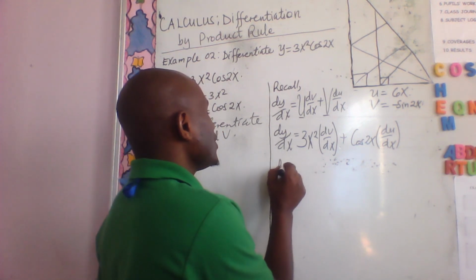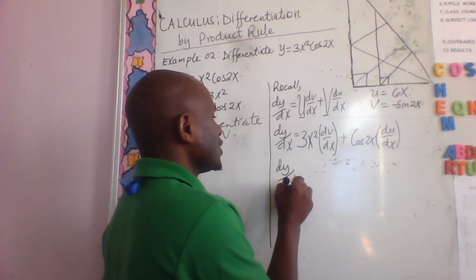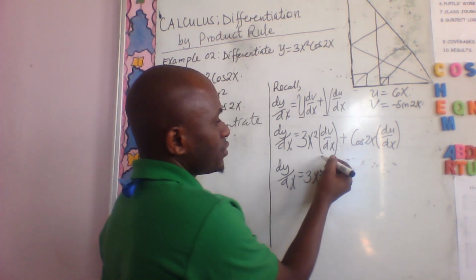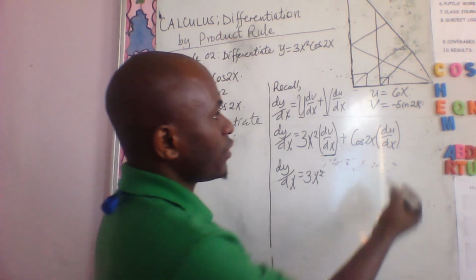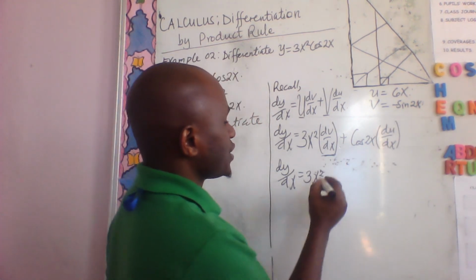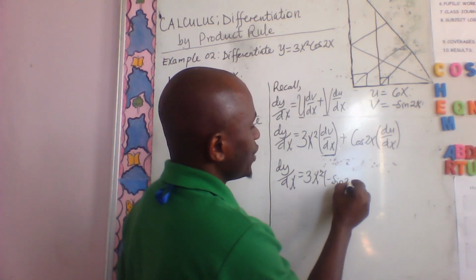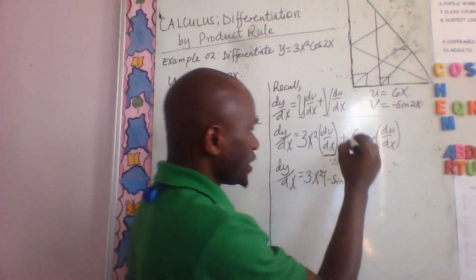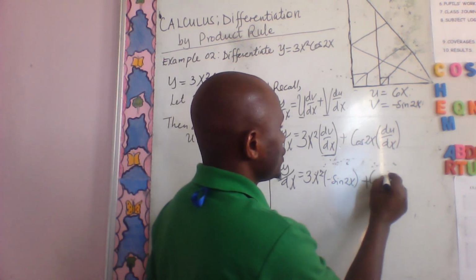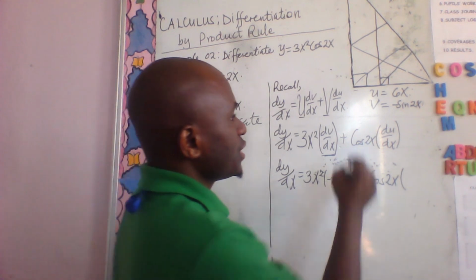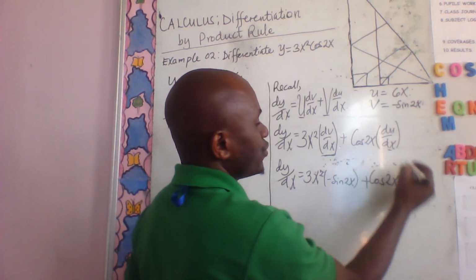So dy over dx is equal to 3x power 2. We substitute the value of v. The value of v is negative sine 2x. So times negative sine 2x in brackets plus cos 2x, which is multiplied by the value of u, which is equal to 6x.